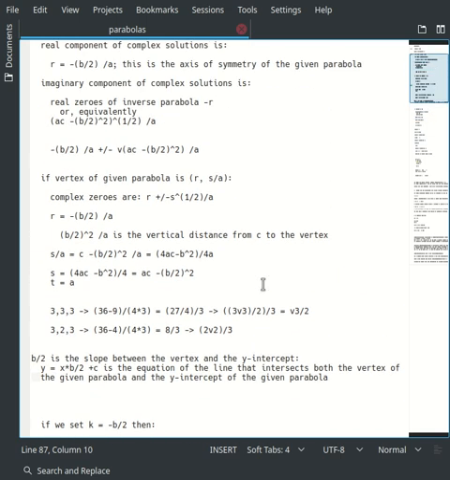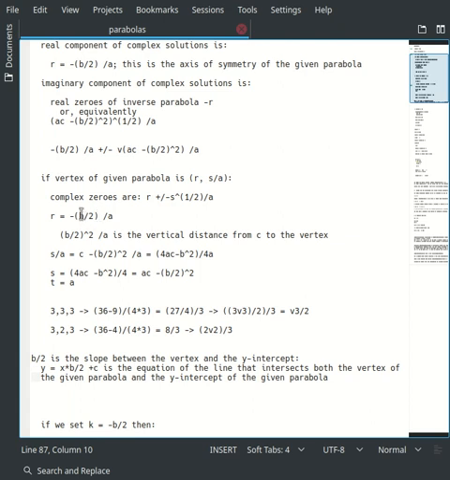Your real component is this. Okay, so you're taking b, so that's the negative 6, and you are dividing it by 2, so you get negative 2. You're taking the negative of that, which makes it positive 2, and then you're dividing that by a.